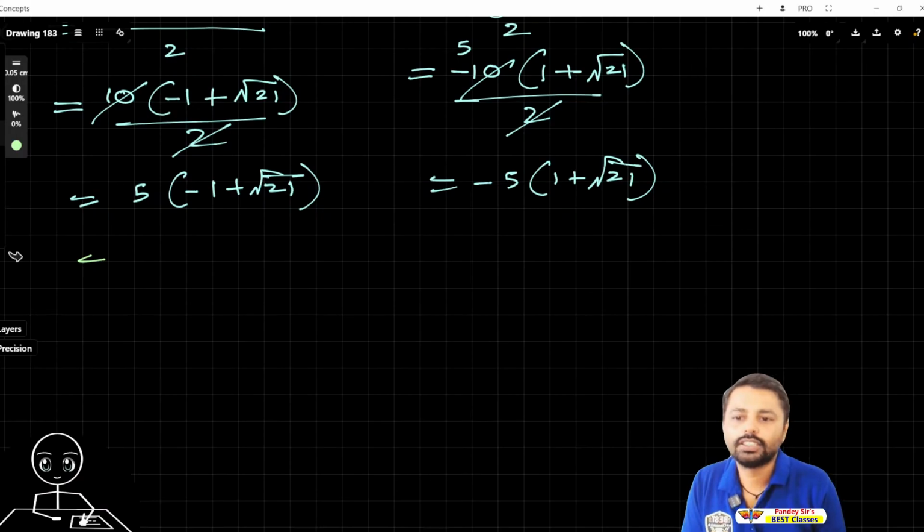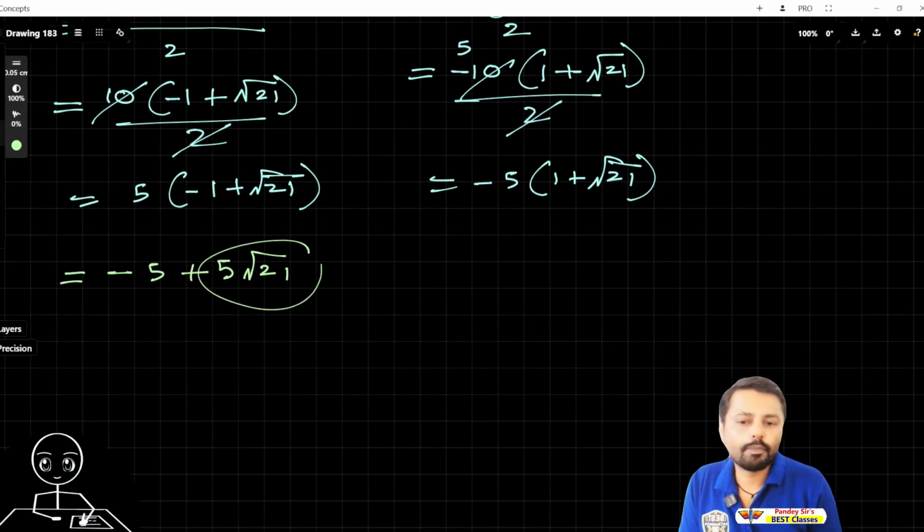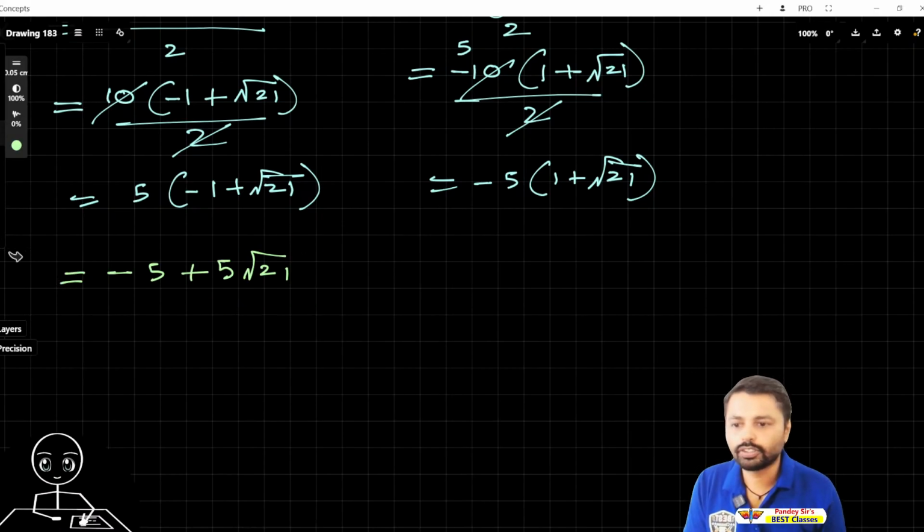Anyway, I want to find how many people there will be. So I'll multiply this 5 to them. I got minus 5 plus 5 root 21. I'll take an approximate value of root 21.